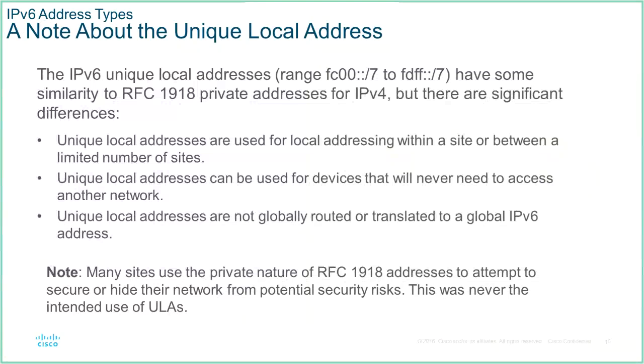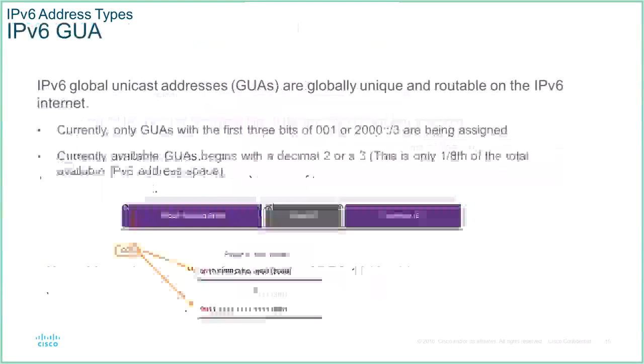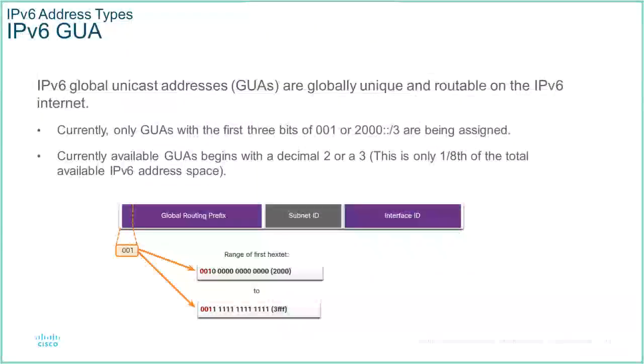So that's our unique locals, and global unicast addresses are generally routable and unique. Basically they start with the 001 prefix on the front.